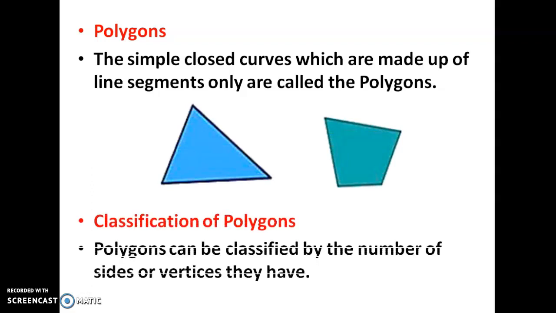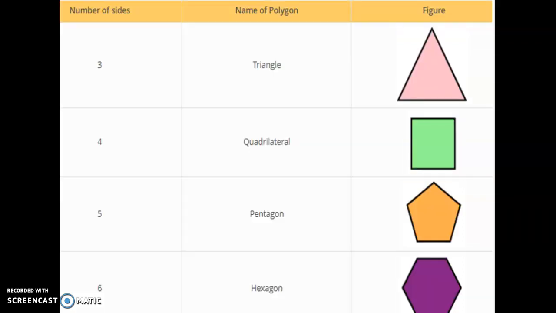So all these are examples of polygons. Classification of polygons. Polygons can be classified by the number of sides or vertices they have. In this table you can see the number of sides is 3. The figure will look like this, sides number 1, 2, 3. This is named a triangle. Then 4 sides.